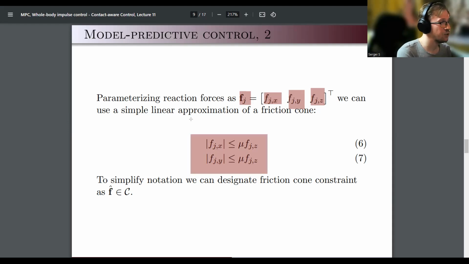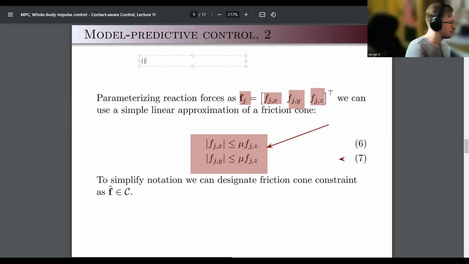But let's say you walk on a non-horizontal surface. You can just rewrite the friction cone in a more complicated way. It's not going to be too difficult, right? It's going to be just the normal reaction. Remember, the normal vector times reaction force times mu has to be bigger than the tangential matrix, the projector into tangent space, times f, right? So let me write it out so you remember.